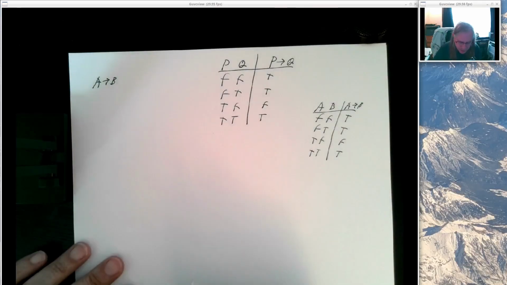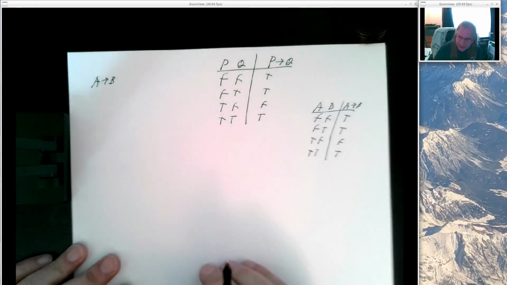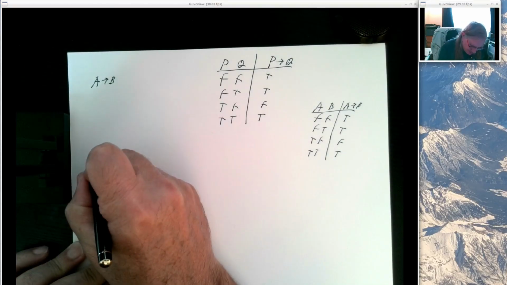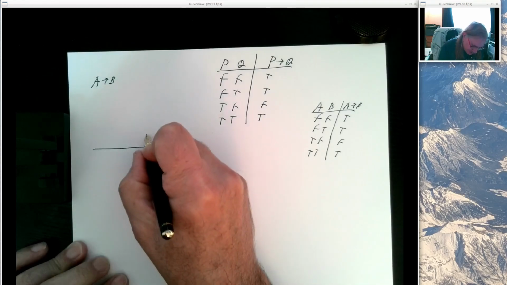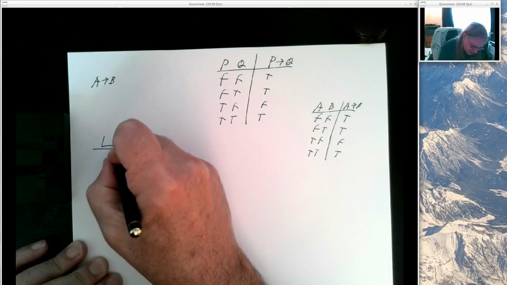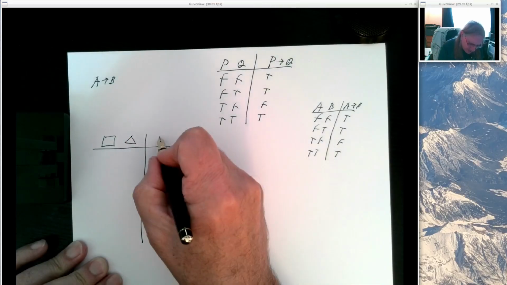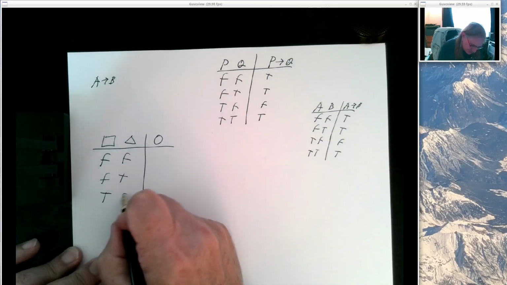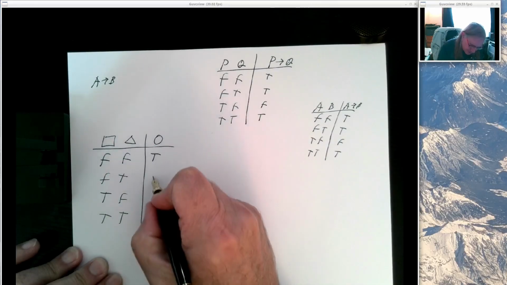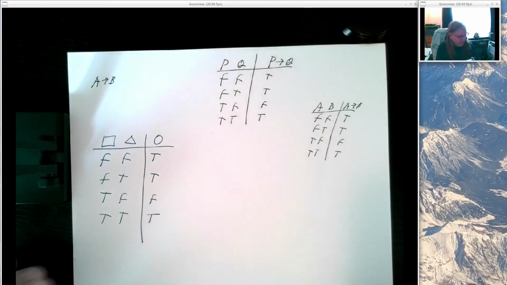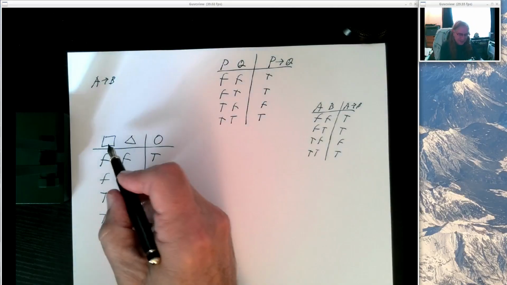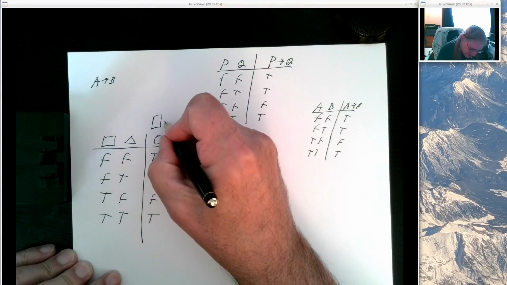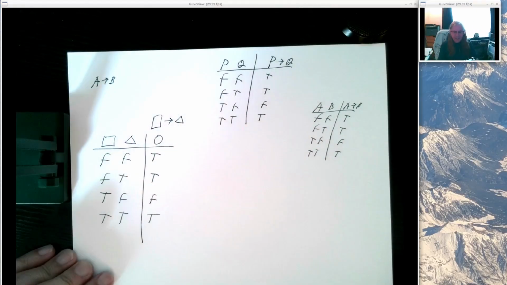And so what may be useful, and we'll come back to this later in another context, is to think of this as the following funny looking truth table. My first variable is box, my second variable is triangle, my third variable is circle. So false, false, false, true, true, false, true, true, true, true, false, true. And I can put anything I want in here and anything I want in here, and this will be the truth table for if box then triangle.